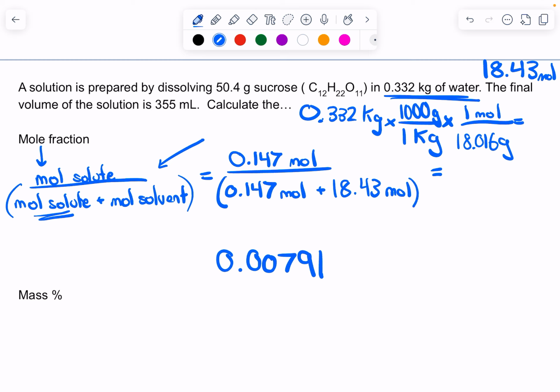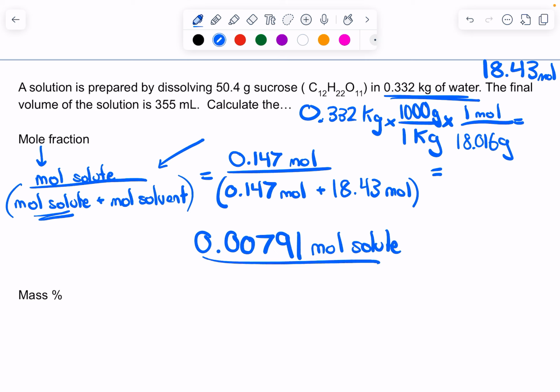Okay, if you were given the mole fraction and asked to do something with it, then you might want to add units for yourself and say moles solute per 1 mole solution is what it really is, but let's wait for an example of that.